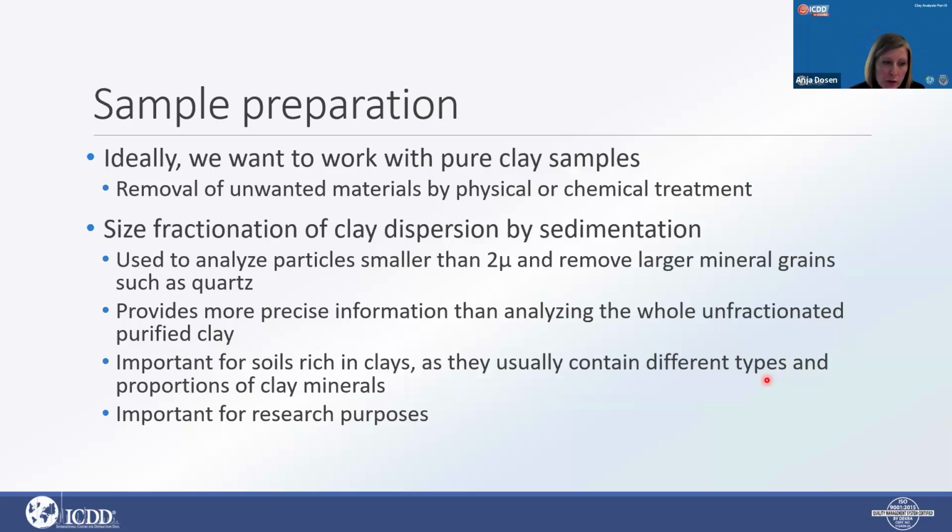So we want to remove the larger mineral grains, and working with the less than 2 micron fraction provides more precise information about analyzing clay because it removes, or tries to remove, as many impurities as possible, and we work within the clay particle size range.